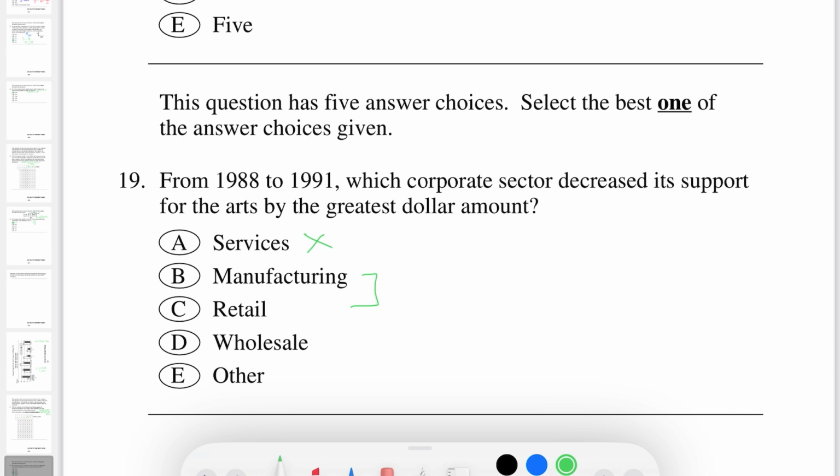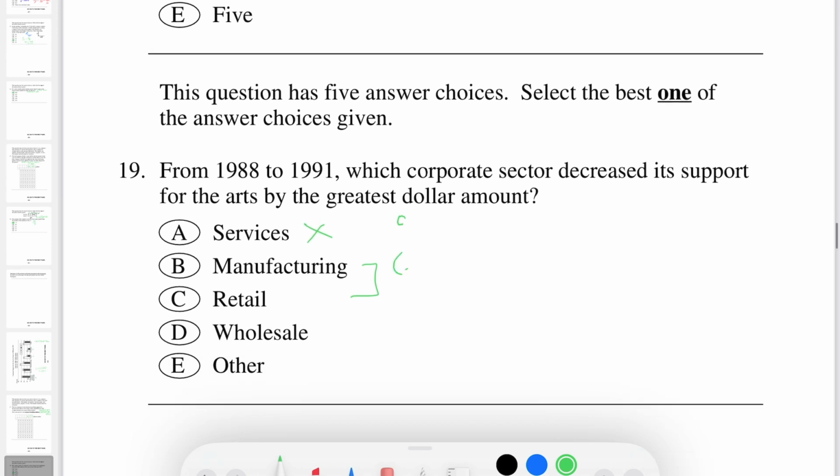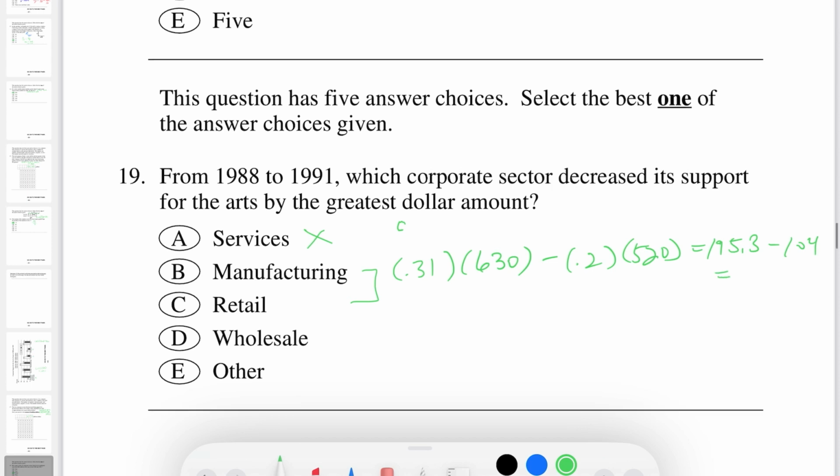So manufacturing, we have 31% of 630 minus 20% of 520 is going to give us 195.3 minus 104. So that means their decrease was $91 million.